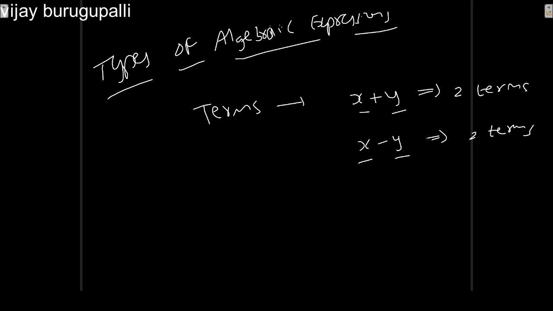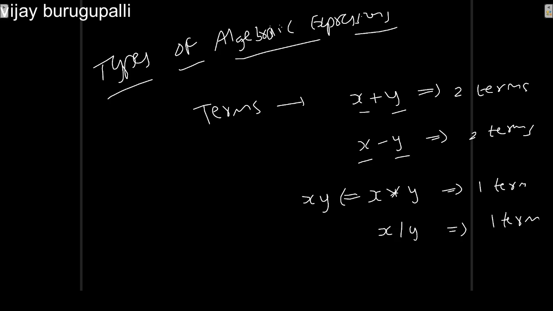But x into y is called one term because x into y is written as xy. Similarly, x by y is also one term. If an expression has plus or minus, then it is said to have two terms. If it has multiplication or division, then it has only one term.